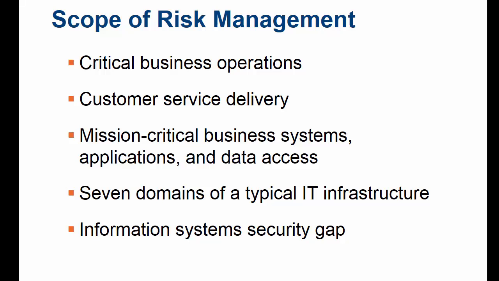So basically, the system security gap. The information system security gap refers to the difference between the controls you have in place and what you need. In a perfect world, the in-place controls will address all threats and vulnerabilities.